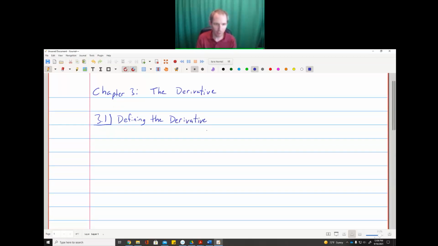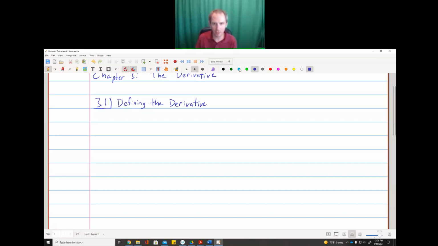So if we remember back to the tangent line problem, suppose I have a graph of some function. I want it to have some curviness to it. And let's suppose I pick a value.